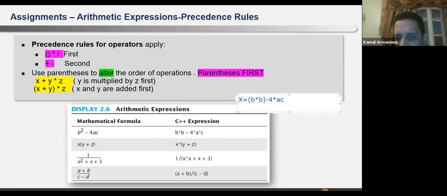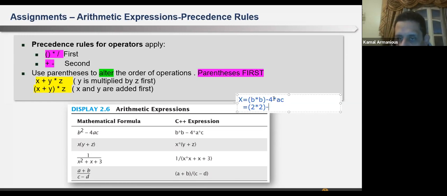What is the rule? The rule says that I have to evaluate whatever is between the parentheses, anything inside the parentheses. Okay? So I start by evaluating b times b. So assuming that b is equal to 2, then it is 2 times 2. This is the first thing I evaluate.